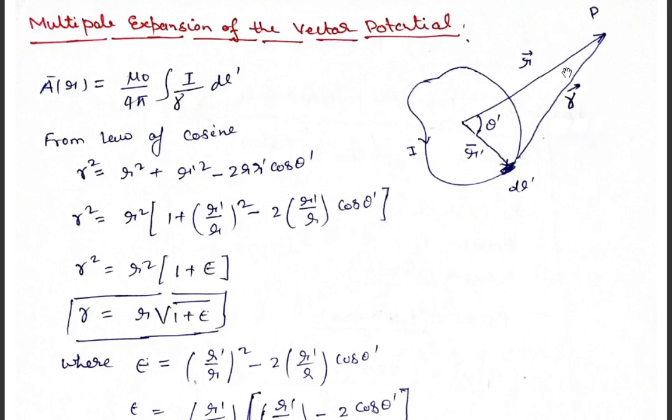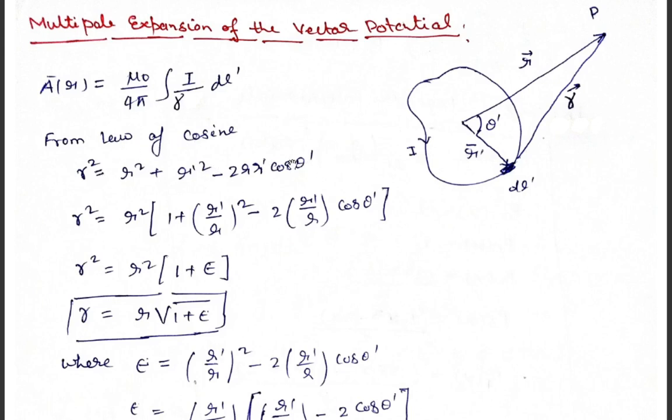From the law of cosines, gamma square is equal to r square plus r prime square minus 2 r r prime cos theta prime.